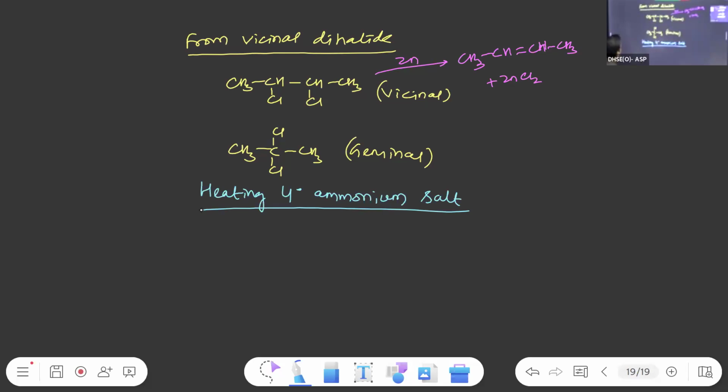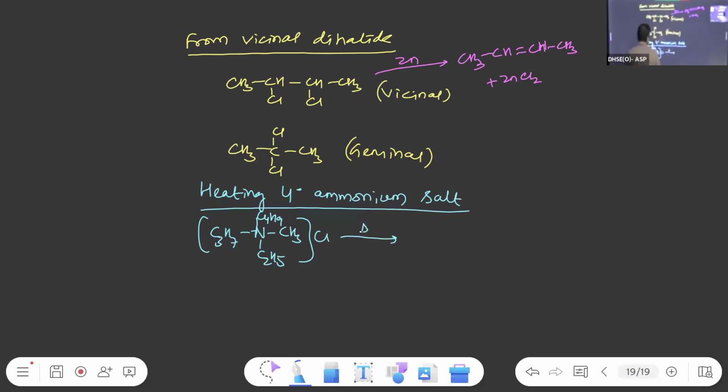That is a quaternary ammonium salt. Suppose you are taking nitrogen with CH3, C2H5, C3H7, C4H9. Methyl, ethyl, propyl, butyl, Cl.